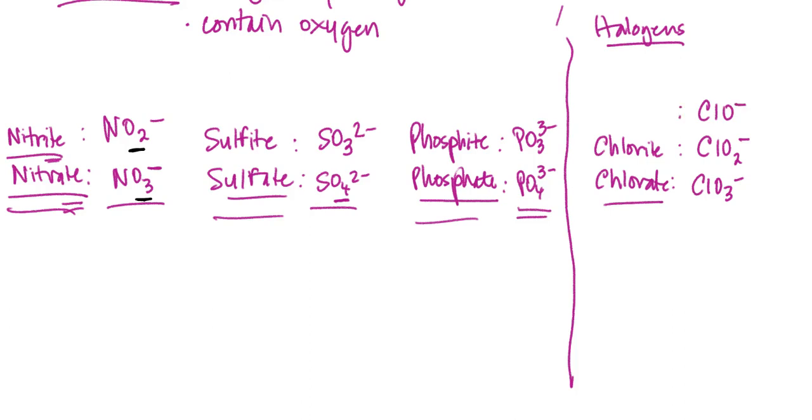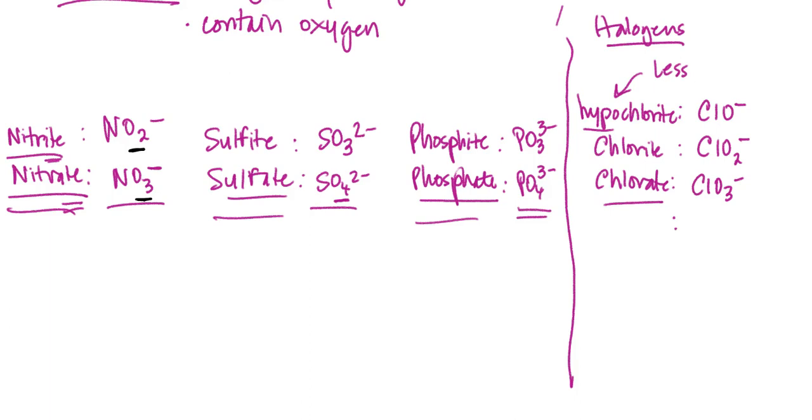And we call that ion the hypochlorite ion, where this prefix hypo means less. And so basically, since there's one less oxygen in ClO minus as compared to ClO2 minus, we call that the hypochlorite ion.